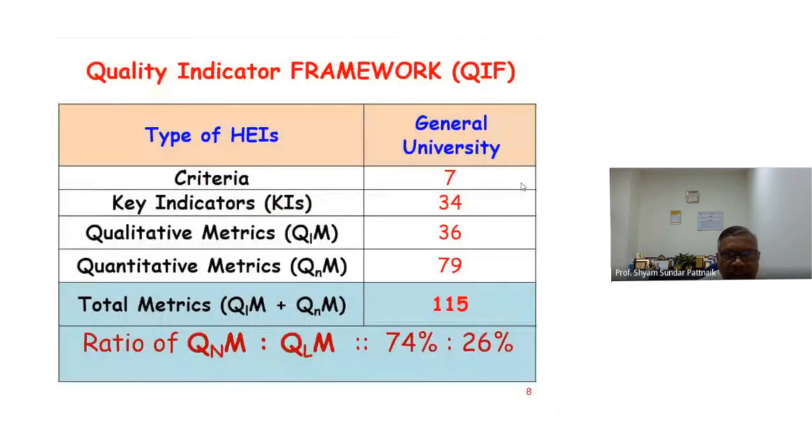These 7 criteria will now be discussed under 34 key indicators. Yesterday, if you remember, I was insisting on KPIs. The key performance indicators are very important. Here the key performance indicators also have quantitative metrics as well as qualitative metrics, and therefore that is almost 115 metrics.